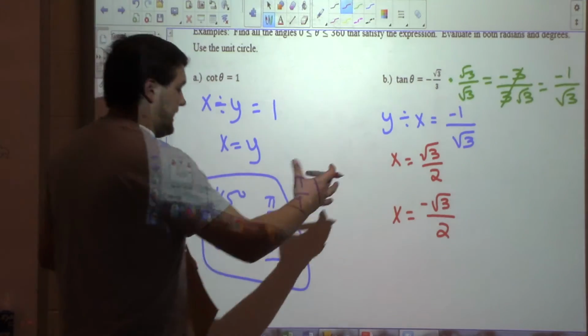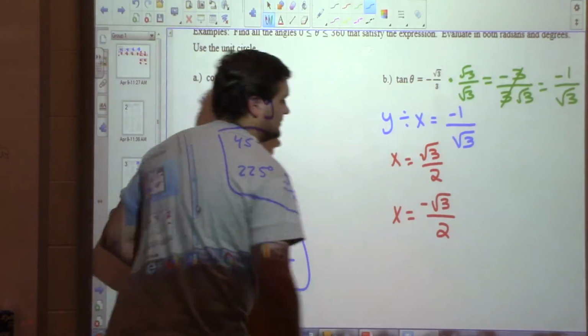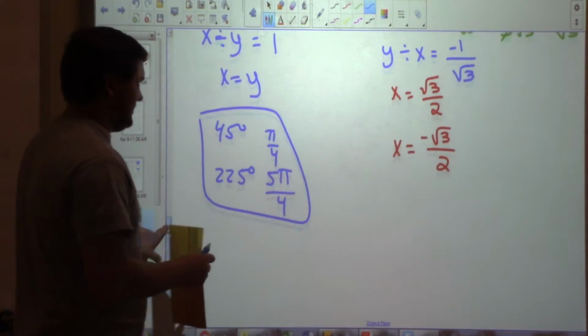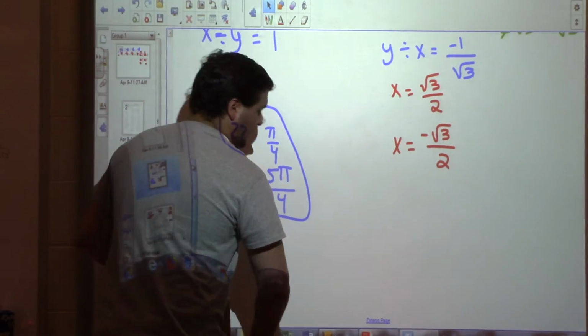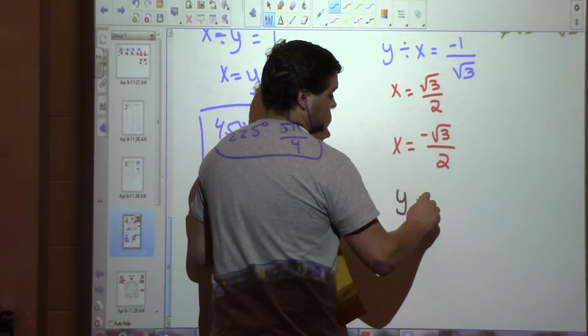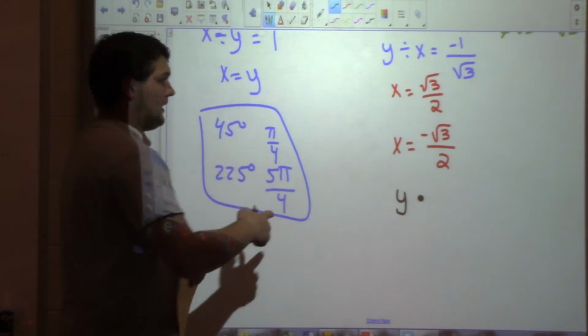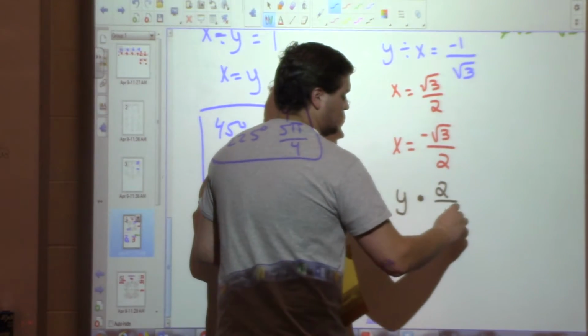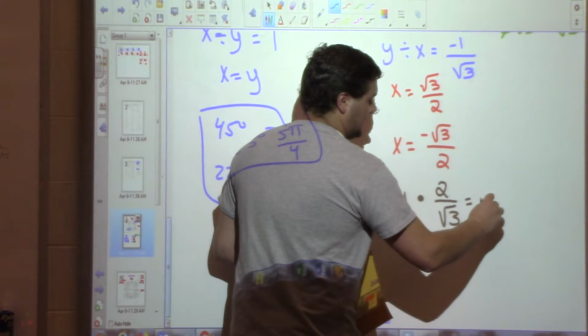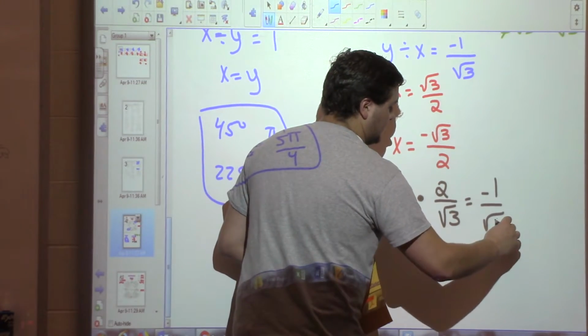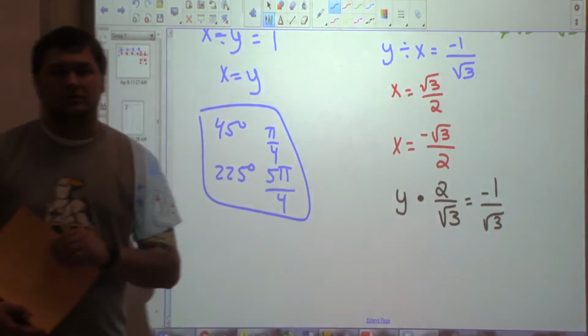Now, let's say x equals square root of 3 over 2. Alright? So we know y times the reciprocal of that, right? Because we want to keep, change, flip. Y times the reciprocal of, or 2 over square root of 3, is equal to negative 1 over square root of 3.